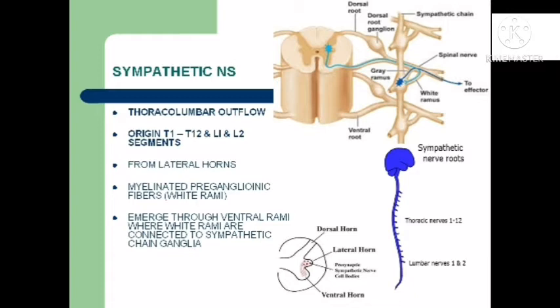Their myelinated preganglionic fibers, white rami, emerge through the ventral rami, where white rami are connected to the sympathetic chain ganglia. The sympathetic chain ganglia is a long vertical ganglionic chain present on both sides of the spinal cord.